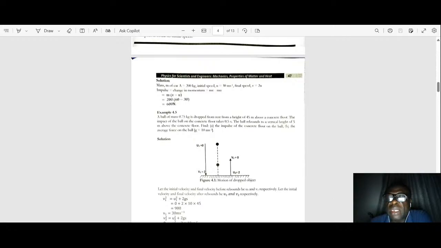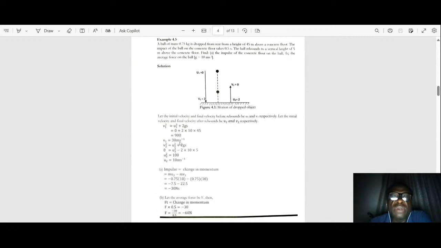So looking at this, the ball is from rest, hitting this will rebound back. So if you let the initial velocity and the final velocity before rebound be u1 and v1 respectively, as you can see, using the equation of motion, we can calculate v1, which is, if you take the square root of 900, it will give you 30 meters per second.